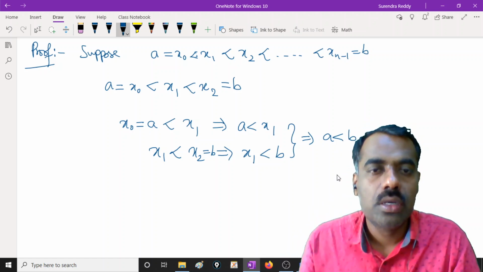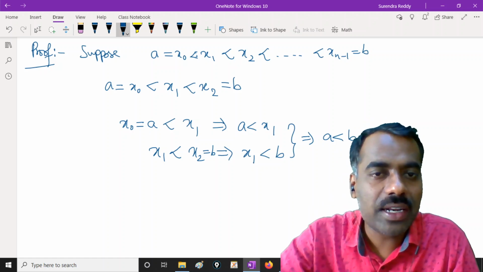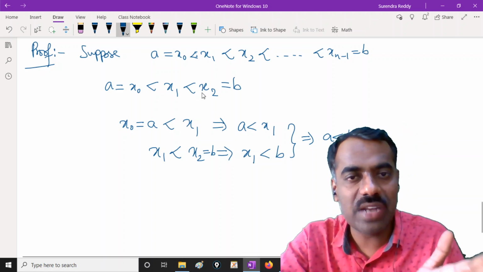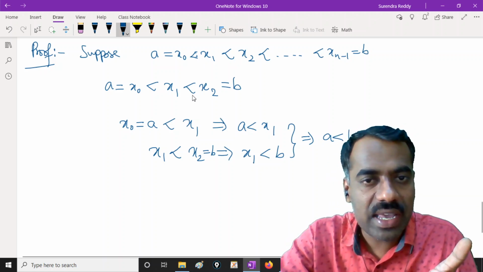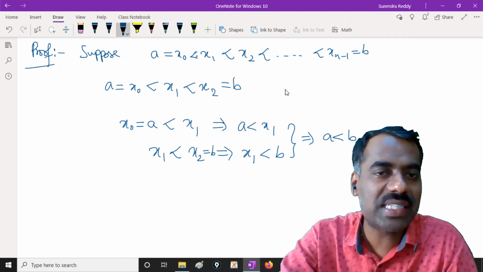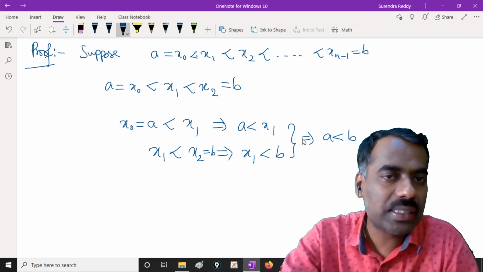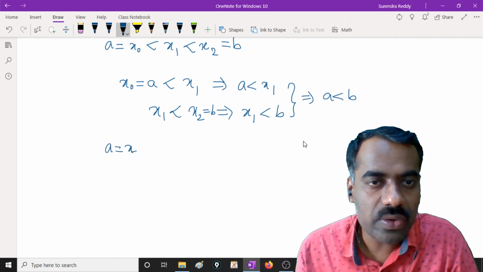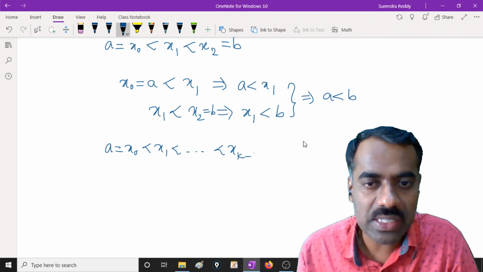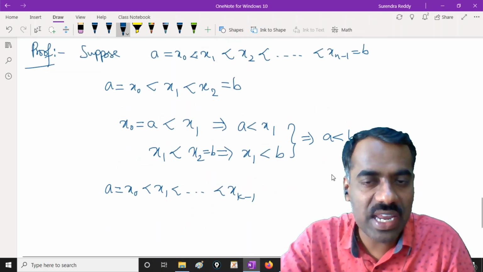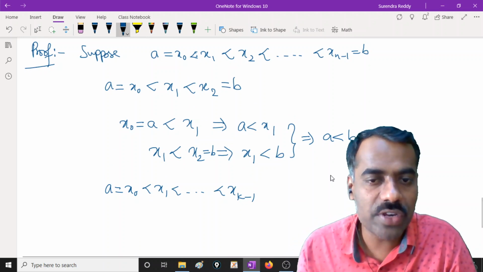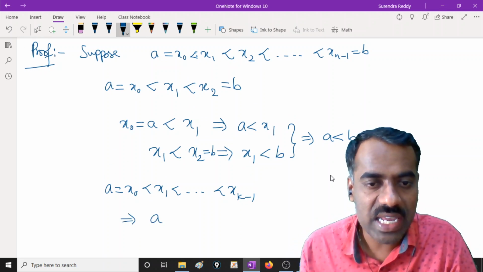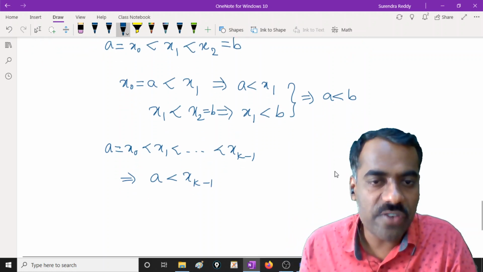Yes. Now you can do it this far by applying induction. That means we now know that if x1 is less than x2 and x2 is less than x3, then x1 is less than x3 and so on, right? Or if you have A equal to x0, x1 up to x(k-1), and you assume induction for k-1, then we get A is less than x(k-1), right?